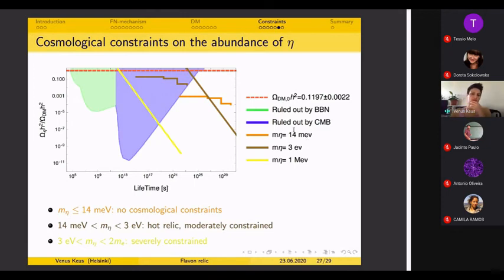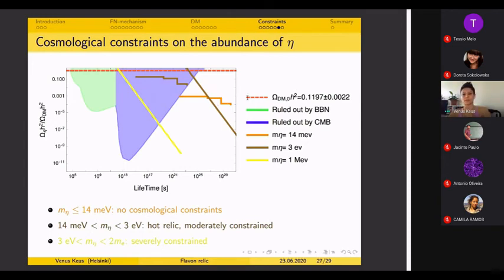One thing that you need to worry about is that if this is now a hot relic, from the small scale structure you have bounds on the abundance of such a hot relic, which is about 1% of the observed relic density. So as long as you are below, let's say, 1/100th of the dark matter abundance, your model is fine.